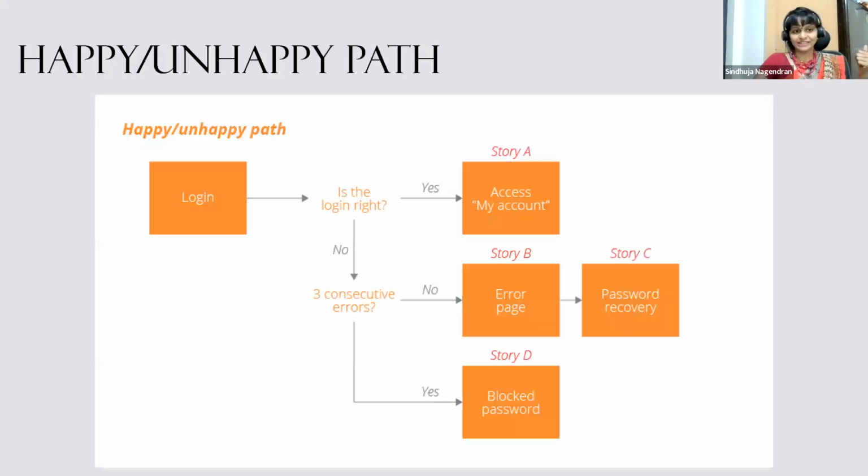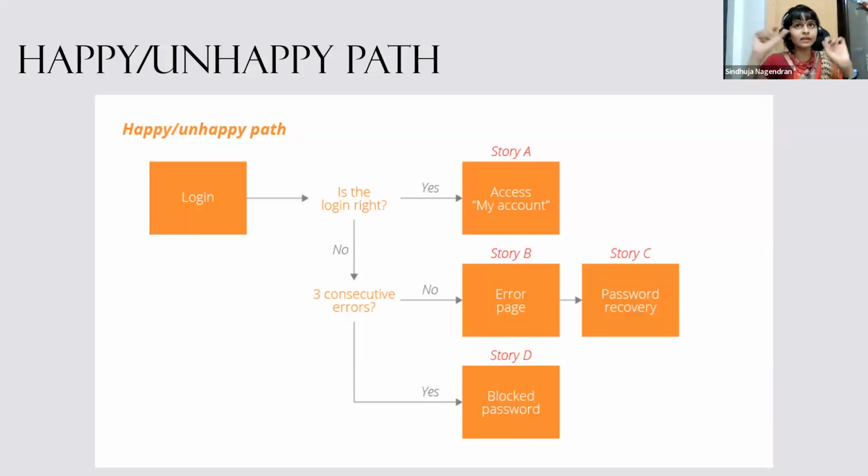Moving on to the next slide, happy or unhappy path. This is another technique we can use to slice our user stories which we cannot accommodate in one sprint. Login is very blunt. Is this a login, right? If the user says yes, then it is the happy way, access my account. If it is no, then how can we handle it? Split it this way.